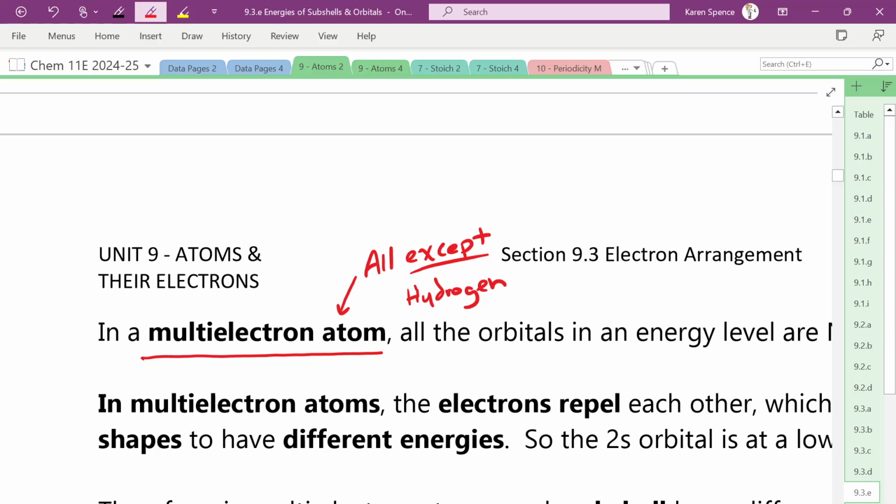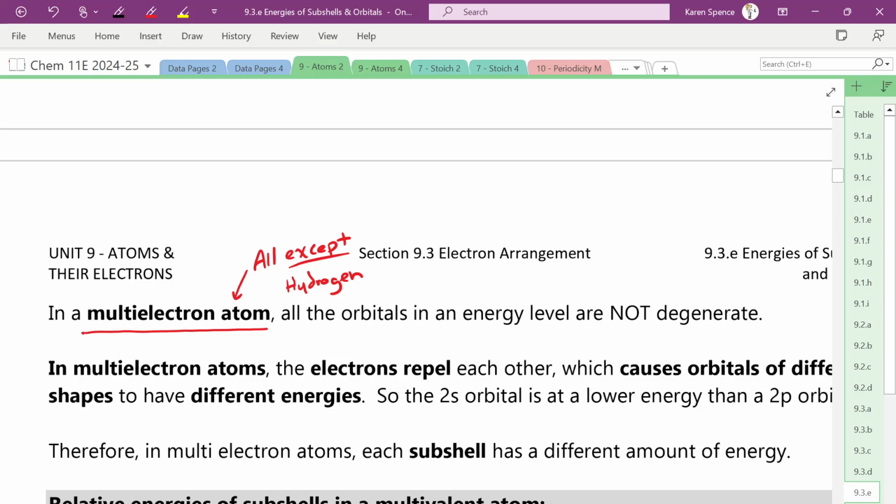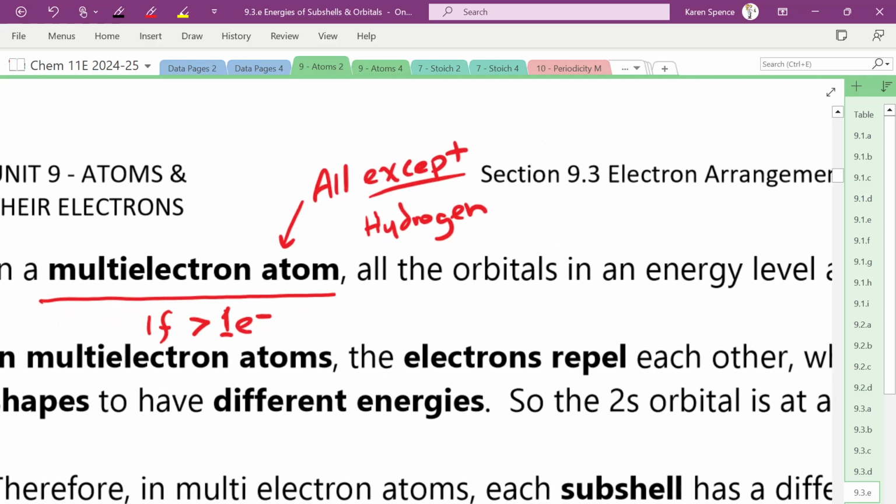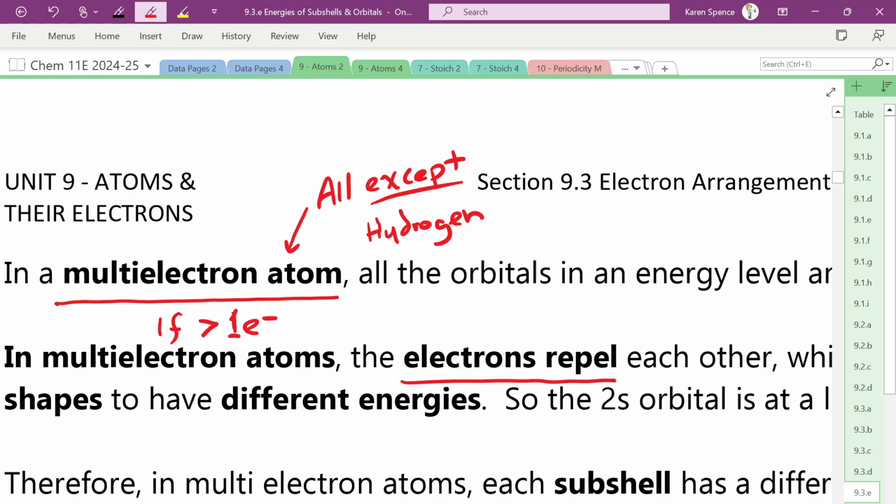If you have more than one electron, electrons can repel one another. So all the orbitals in an energy level are not degenerate. What happens is, if you have more than one electron, the electrons repel each other.